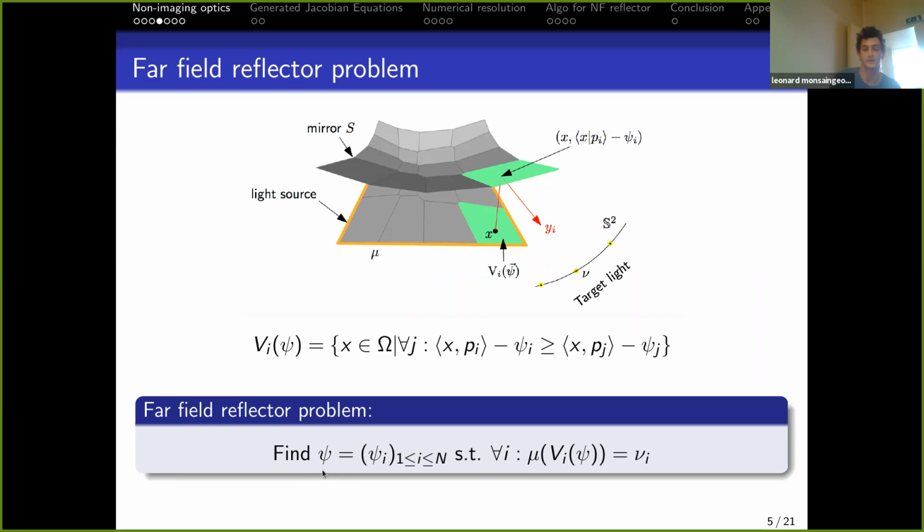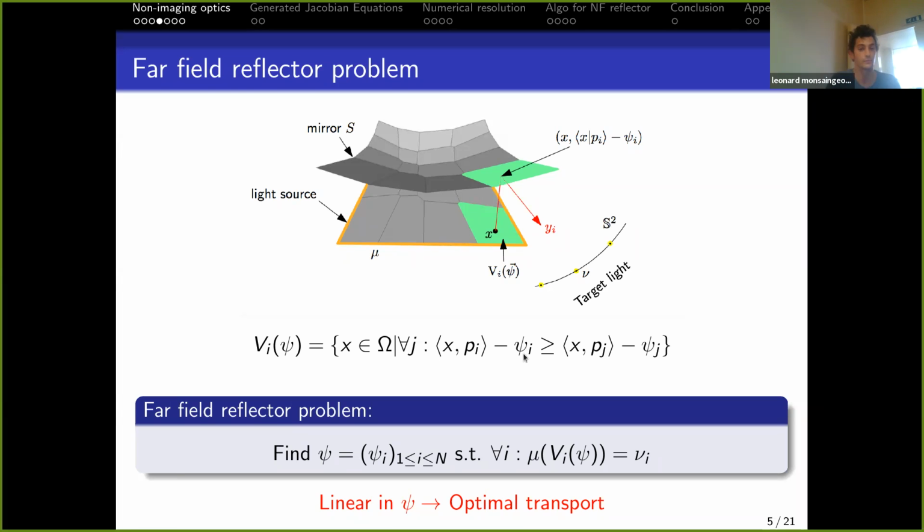So the far field reflector problem consists in finding a variable psi, which is all the heights associated to each direction. So if I have n directions, I have n heights of the mirror. I want to find psi such that the measure of each cell is equal to the measure of each direction target. Okay, so as you can see in this visibility cell, the function is linear in psi.